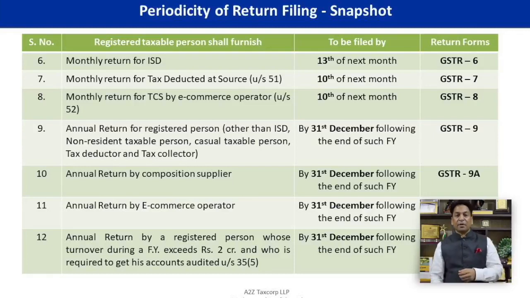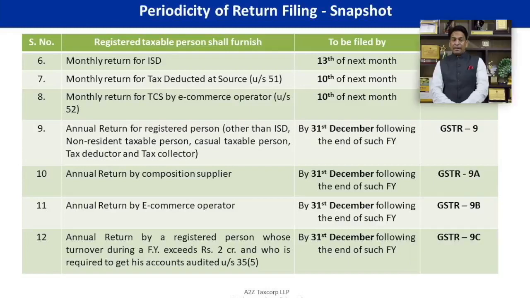the due date for filing annual return would be 31st December 2018. Thereafter, you have annual return 9A, to be filed by a composition dealer by 31st December of the next financial year. 9B is another annual return to be filed by an e-commerce operator. Again, the due date would be 31st December of next financial year.